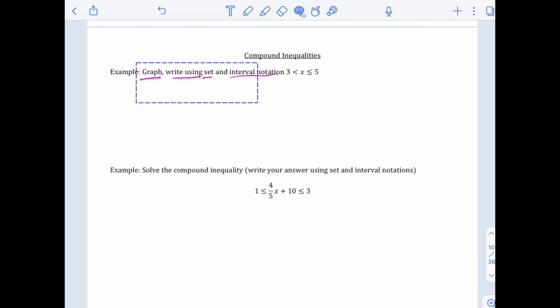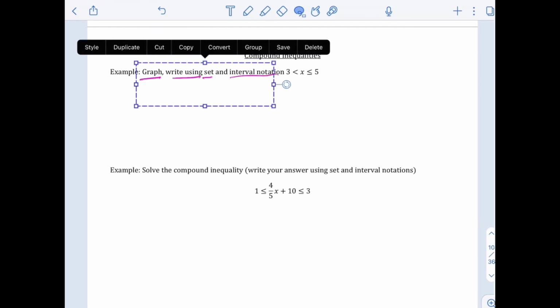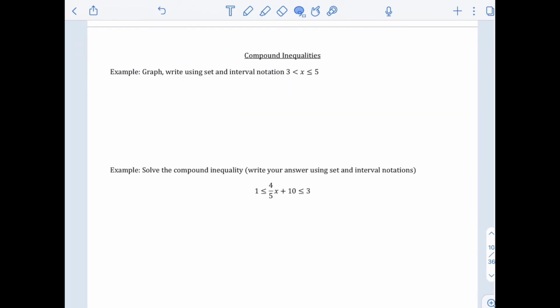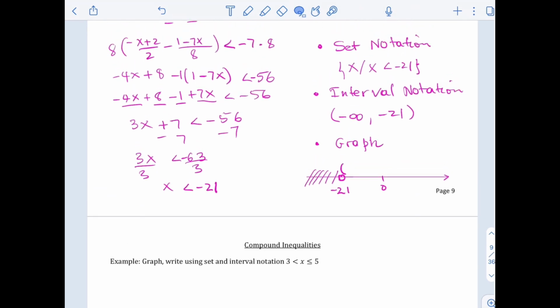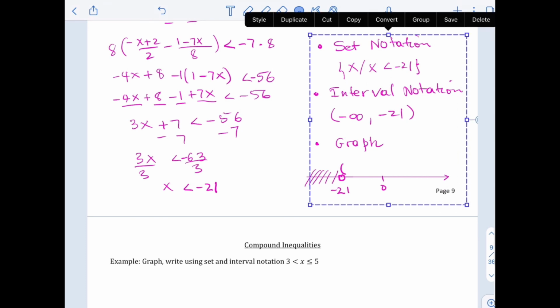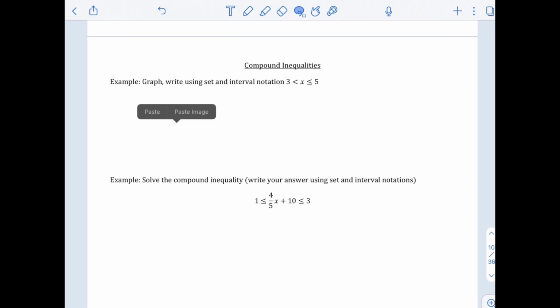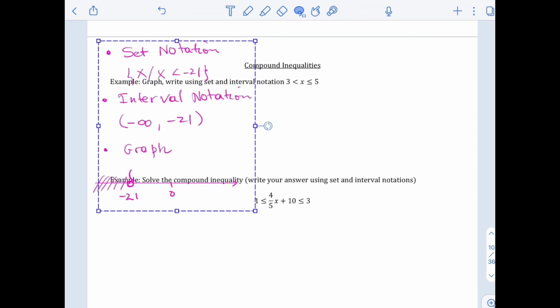So the same thing we've been doing in the previous problems, but in this case we're going to do it for a compound inequality. So let me copy this so we can use the same thing, which will allow us to go quicker.